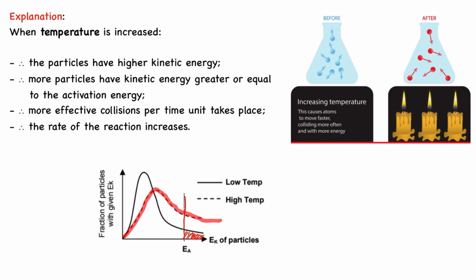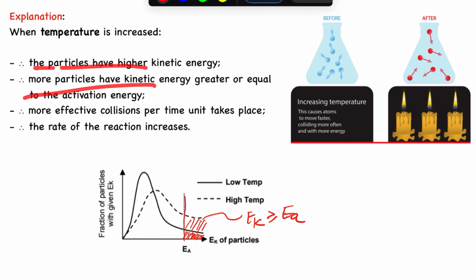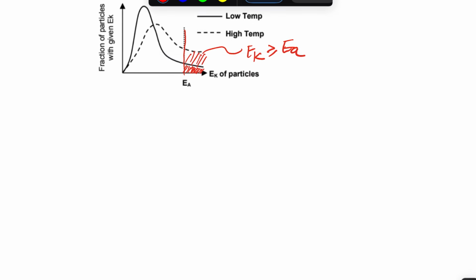Here there are more particles that have kinetic energy greater than or equal to the activation energy. That means the energy they have is enough for them to collide effectively. Guys, these points are very important. When they say explain according to collision theory, explain it like this.